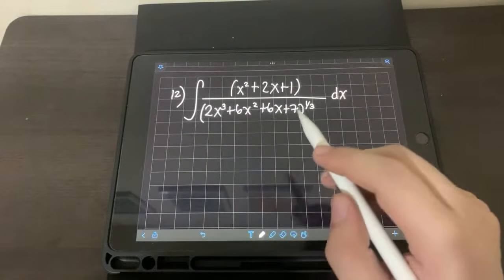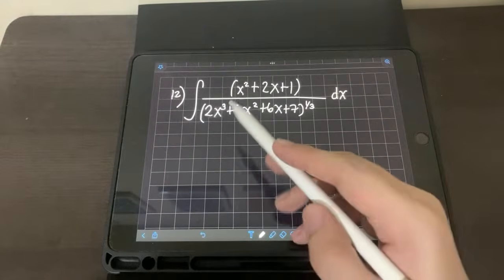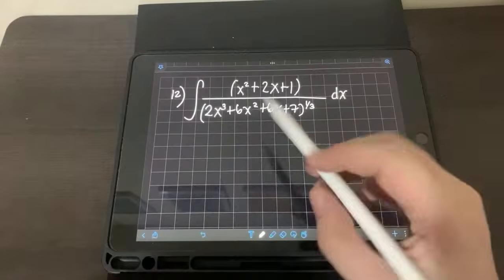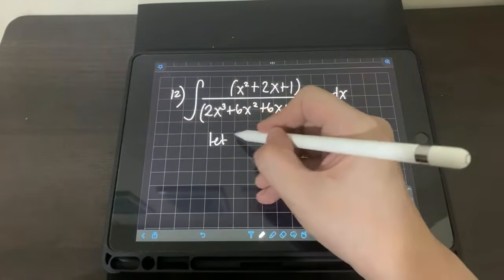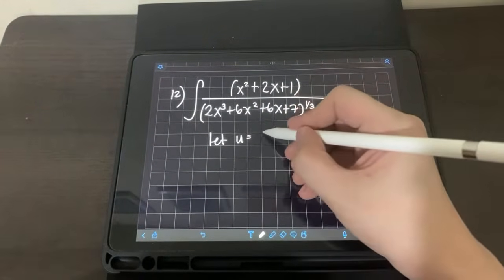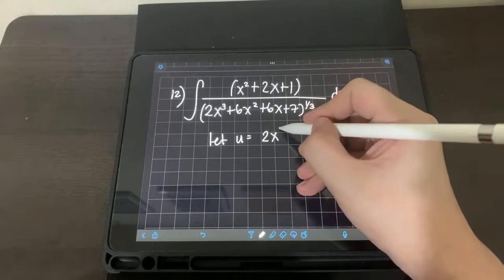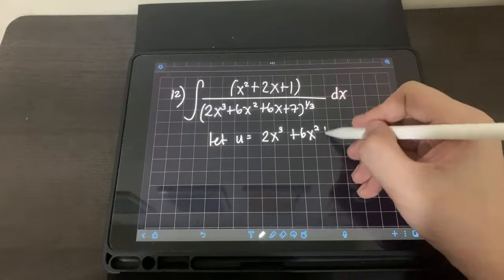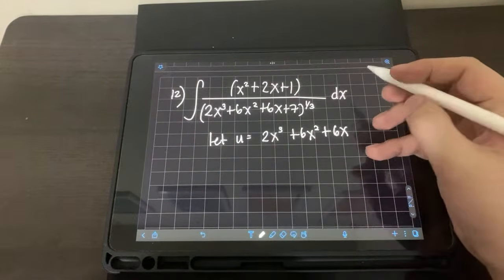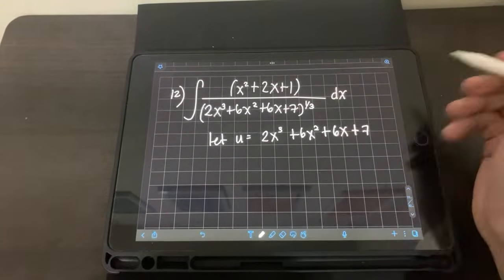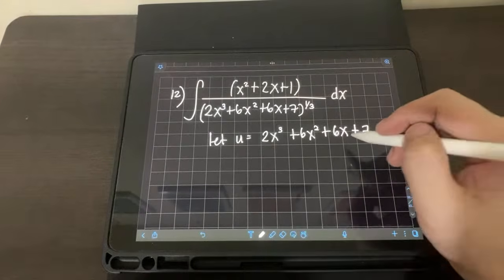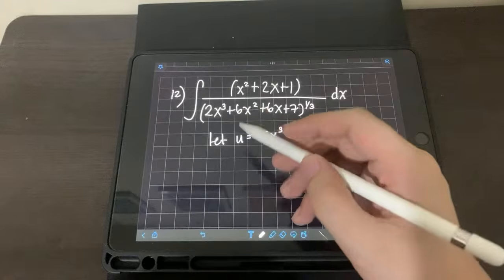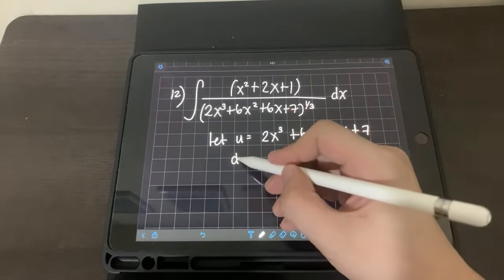So, what is the more complicated expression? Obviously, this one, right? Because it is raised to 1/3. So, let U be equal to 2x cubed plus 6x squared plus 6x plus 7. Okay, and then the next step, get the derivative of both sides. So, derivative of u, du.